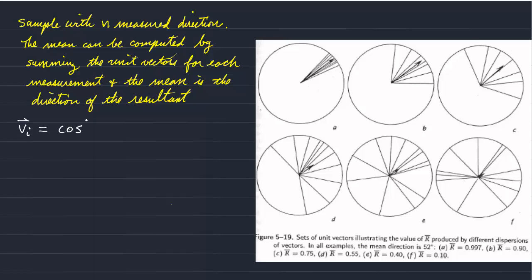This would be the angle counterclockwise from, if it's geographic, the east direction. So this is theta, and it's oriented in the x direction, plus sine theta_i oriented in the y direction.